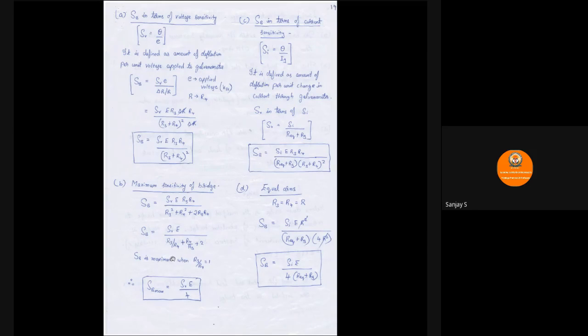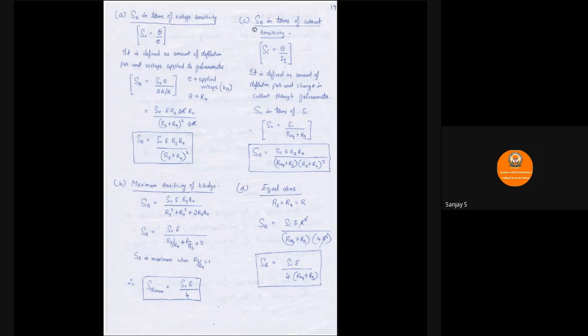Mathematically you can observe that whenever R3 by R4 is 1, the denominator will become 4, and SB will be equal to SV E divided by 4. Any other value of R3 by R4 other than 1 will not give you the maximum value. Under this condition, SB will be maximum, so we have called it SB maximum, which is equal to SV into E divided by 4.